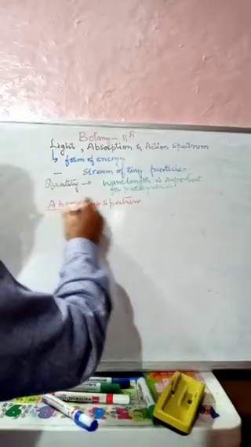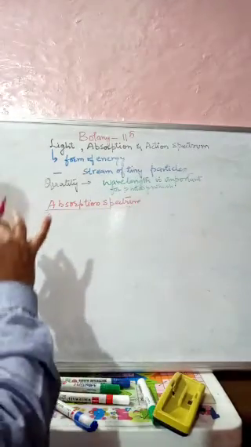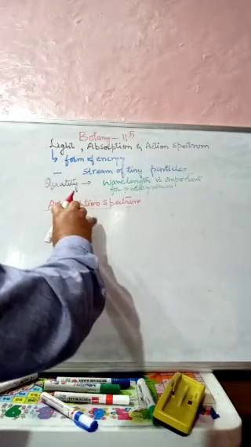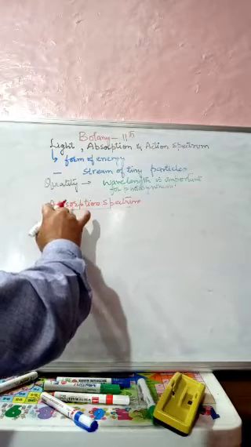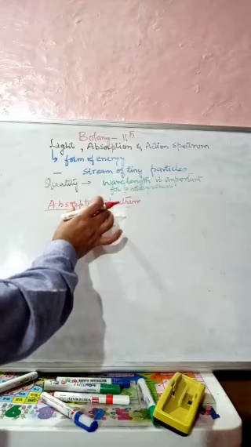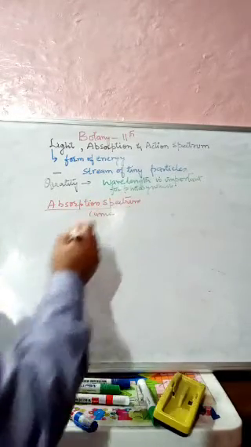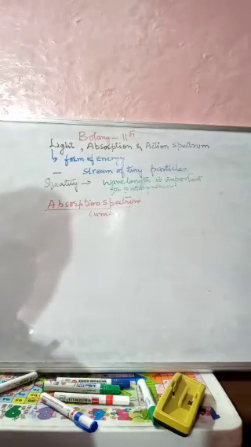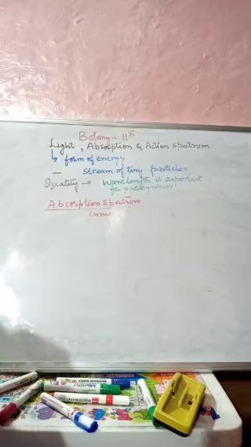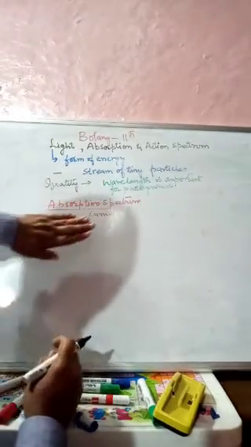Now what do we mean by the absorption spectrum? It is the curve which represents the light absorbed. The absorption spectrum is simply the curve which represents the light being absorbed at each wavelength by a pigment.